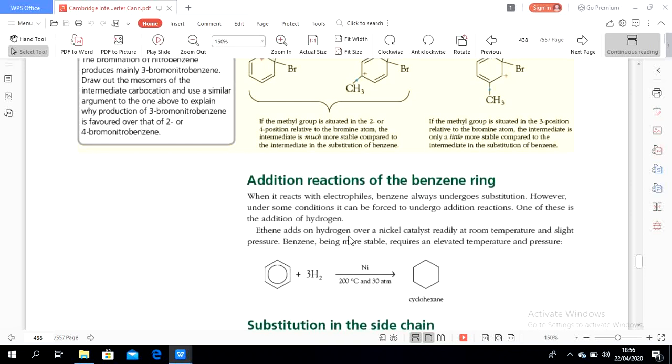Ethene adds on hydrogen over a nickel catalyst readily at room temperature and slight pressure. But for benzene, in order for hydrogen to be added, from benzene into cyclohexane, it requires nickel, 200 degrees Celsius, high temperature, and also high pressure. So it requires harsh conditions.